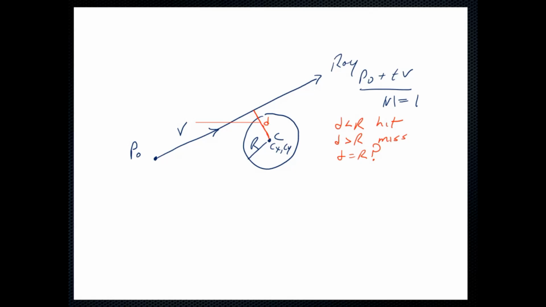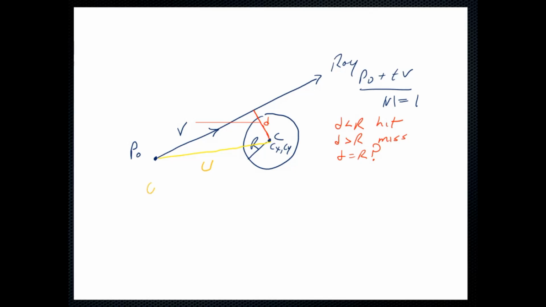I'm going to compute a vector. Let's call this vector U, right? So that's U. And we want to decompose U into two perpendicular subvectors.